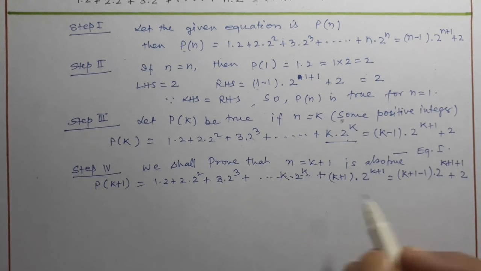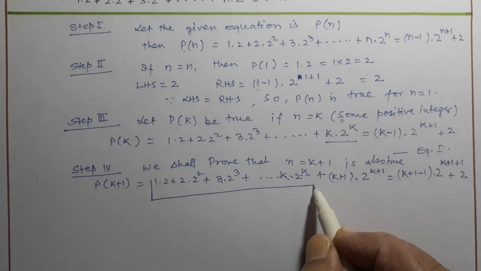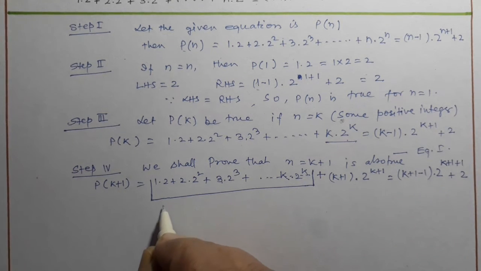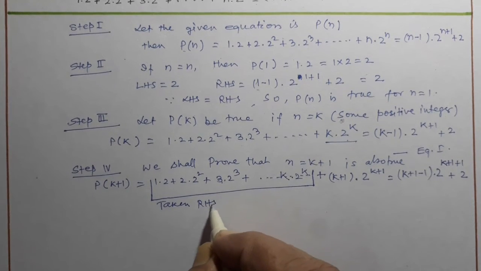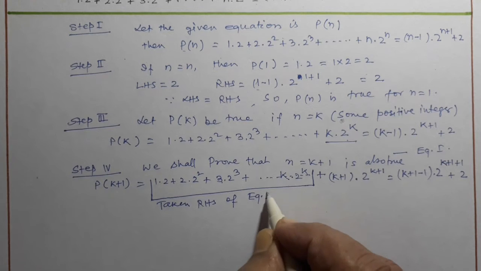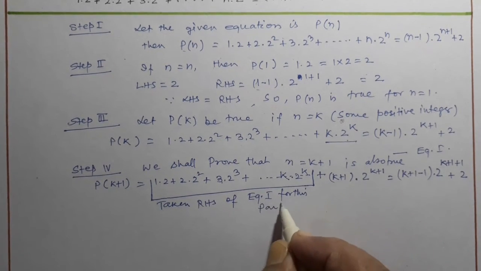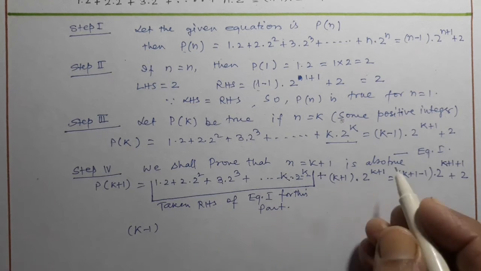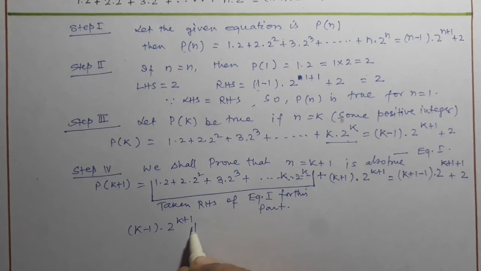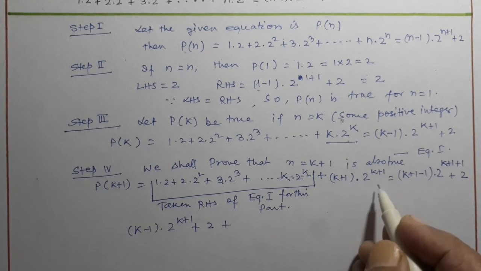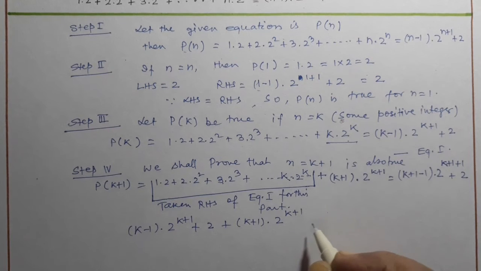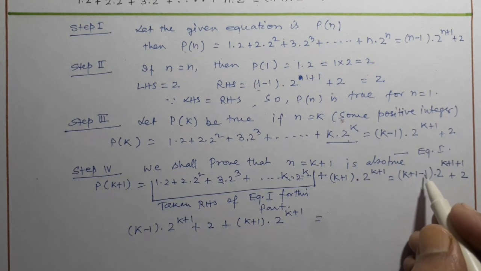Now we find that from here to here, it is equal to equation 1, so for this part we shall take the RHS of equation 1, which is (k−1)·2^(k+1) + 2, plus this part (k+1)·2^(k+1). This will be equal to k·2^(k+2) + 2, where the 1 plus 1 minus will be cancelled.